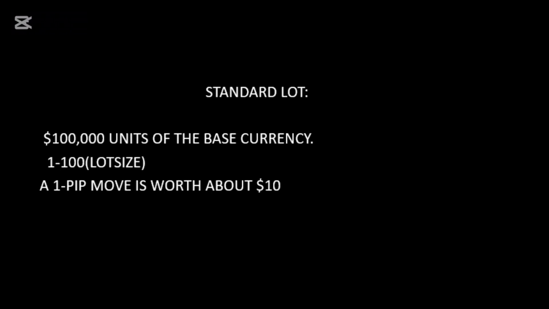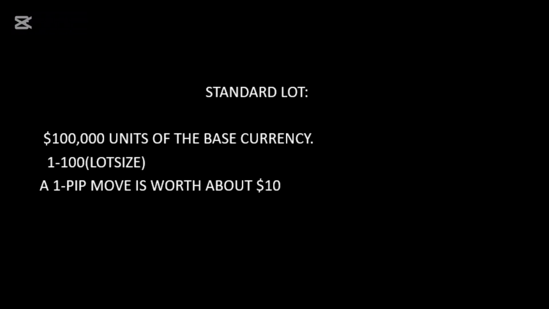The standard lot is 100,000 units of the base currency. A standard lot is from 1 to 100. If you are taking a trade and you put 1 lot size, that is a standard lot, which is about 100,000 units of the base currency.